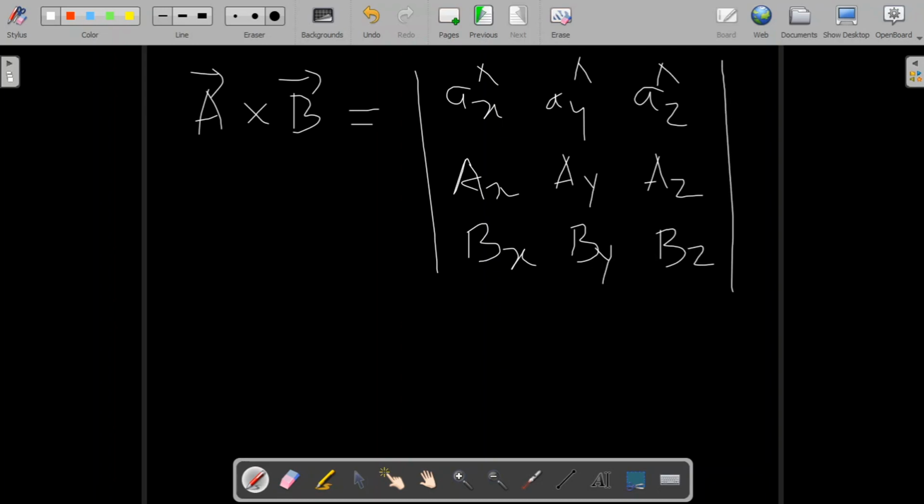I can write it in this form, right? You can see that for the first determinant it is ay bz minus az by into x cap. That's what I need, right? You can check the remaining terms also. So this is how I find the cross product.